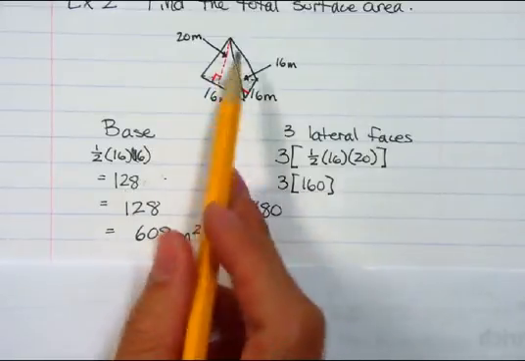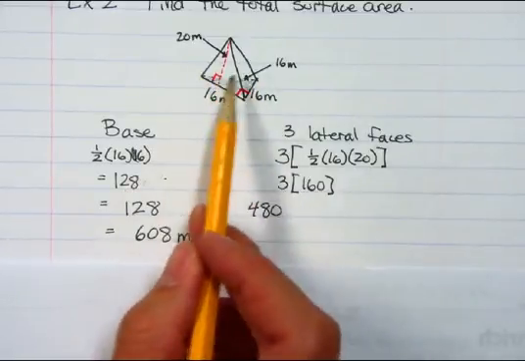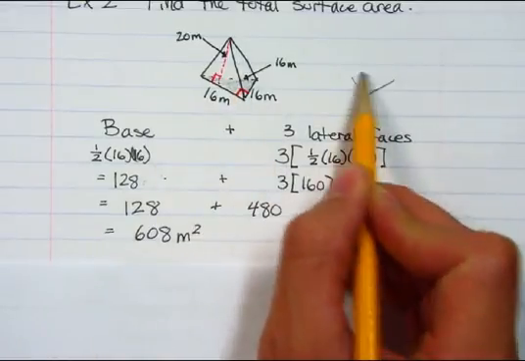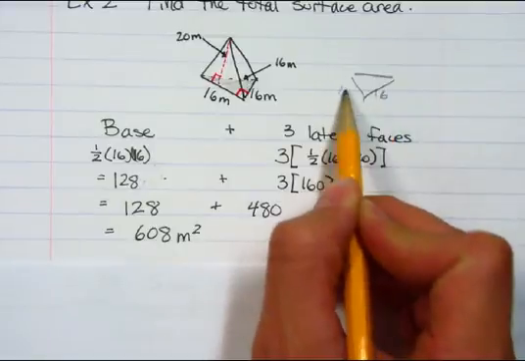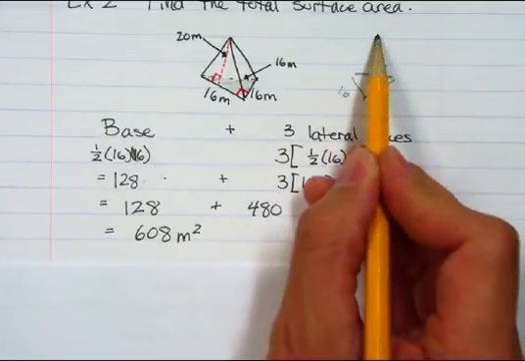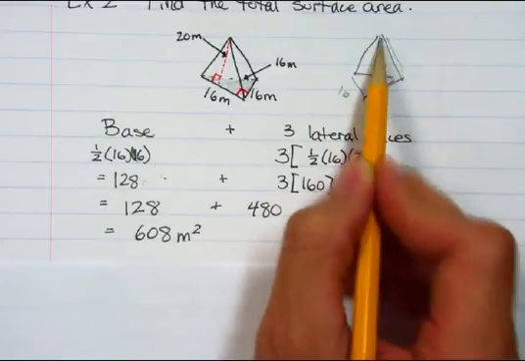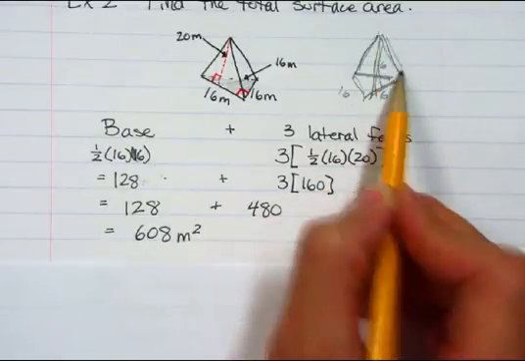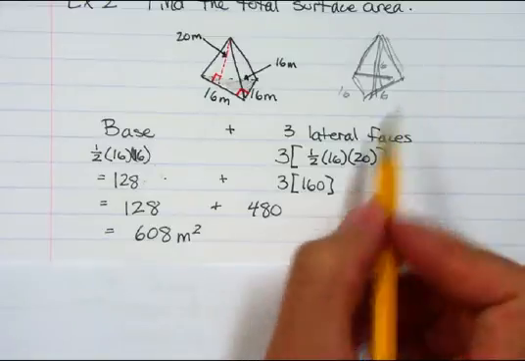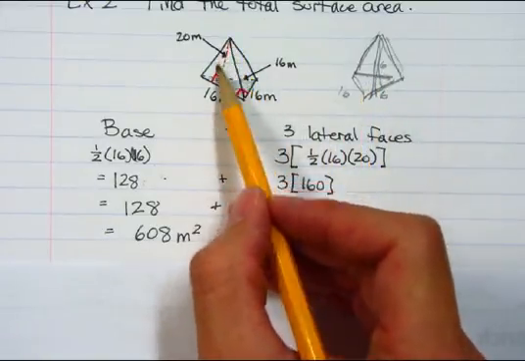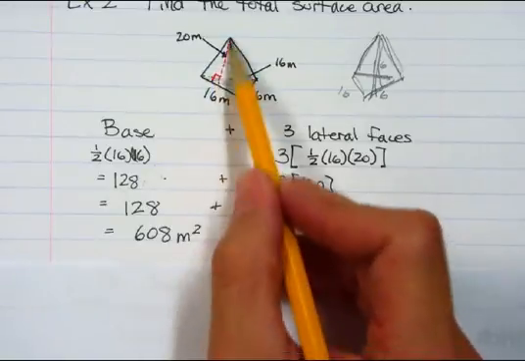Now, as far as the sides going up, if this was a really equilateral triangle, it would be where this is 16, this is 16, this is 16, and they all come to a point. If that's the case, then all of these triangles, these lateral faces, are going to be congruent. They're going to be the same. So if I find one of them, I need the base, which is 16, and I need the height.